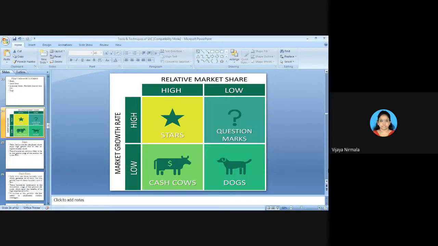So the profits you get in the cash cows we can send to stars or question marks, or both, right? And the question marks may convert into stars. If you are not able to do it, you will move to dogs itself.